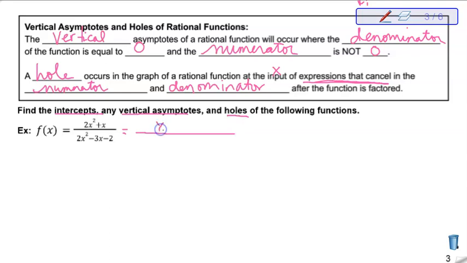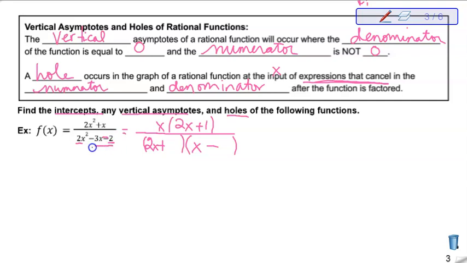So I'm going to take out an x and be left with a 2x plus 1 when I factor out that x. Now in the denominator, I end up having two binomials. Last sign is a minus, so they are a plus and a minus. I'm going to split up 2x squared as a 2x and an x. And the only factors of 2 are going to be 2 and 1.